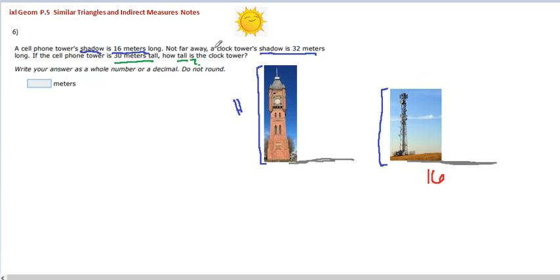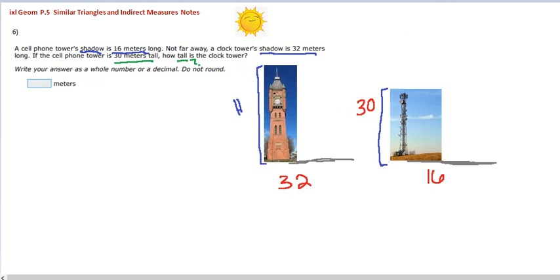And not far away, the clock tower's shadow is 32 meters long. 32. The cell phone tower is 30 meters tall, so we know that this is 30 meters high. How tall is the clock tower? This is the one that we don't know.